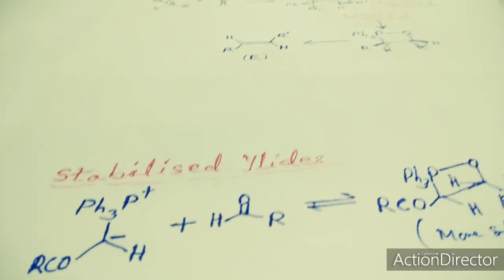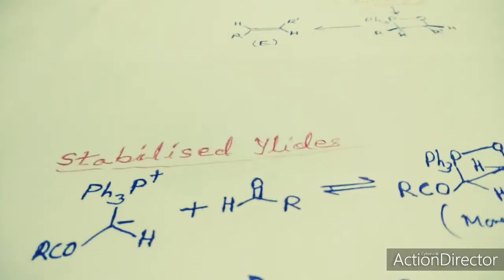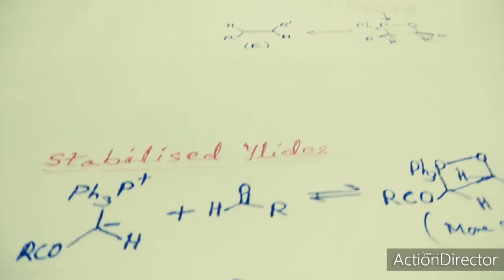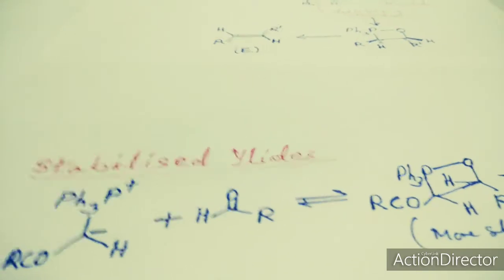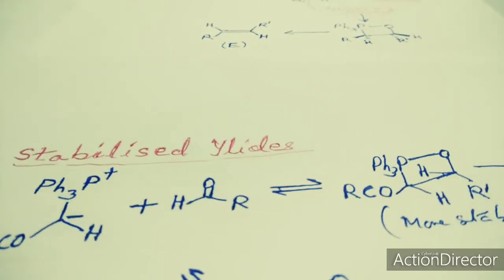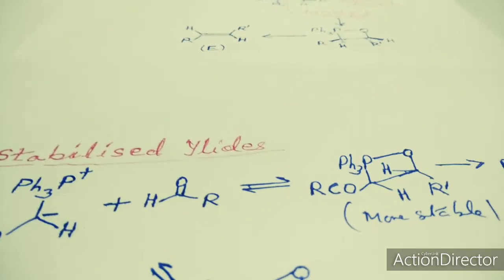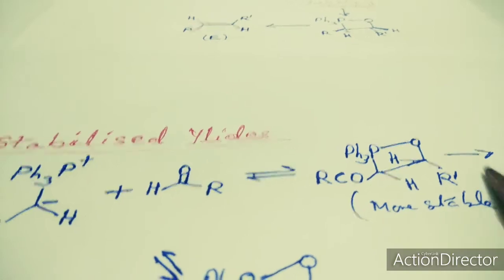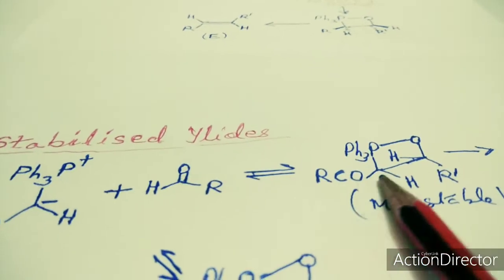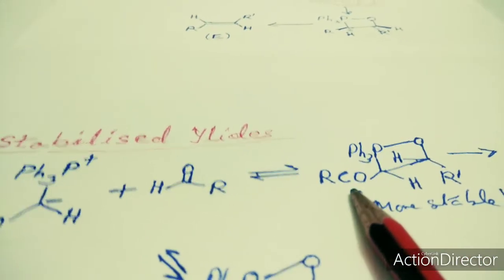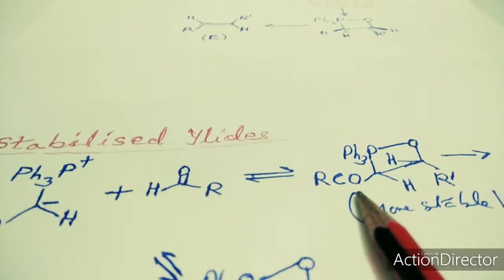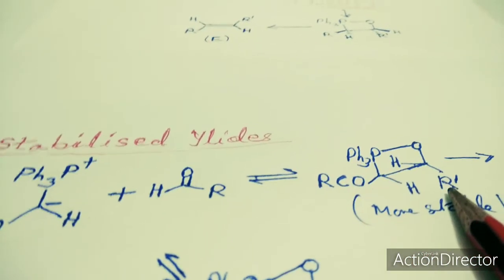Due to this thermodynamic control, as this oxaphosphetane is formed, it will be in such a way so that the more stable intermediate is formed. The more stable implies that the RCO is away, rather than being towards this R dash.